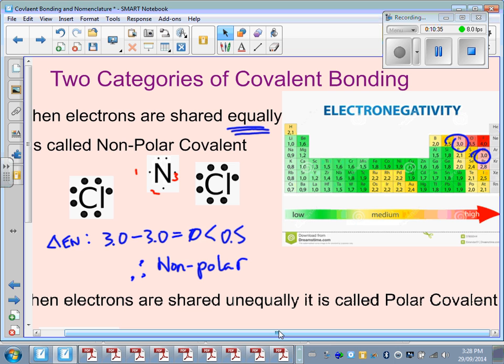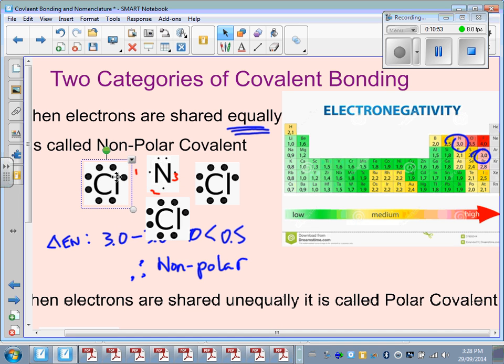That means that nitrogen will form 3 bonds in the covalent structure. It will form them with chlorine, and chlorine will just need 1. Remember, chlorine just needs 1 to complete its outer shell, and so nitrogen will need 3. Nitrogen has 5, it needs 3 more.